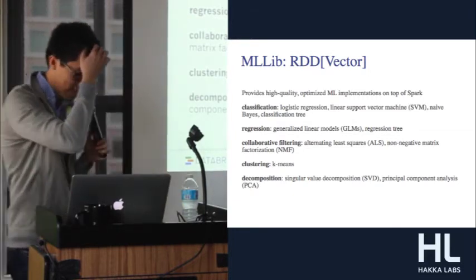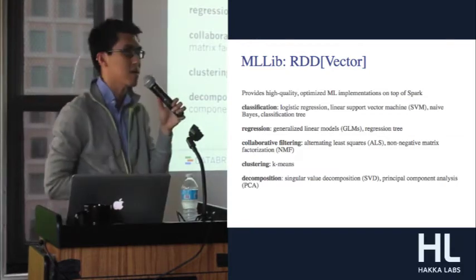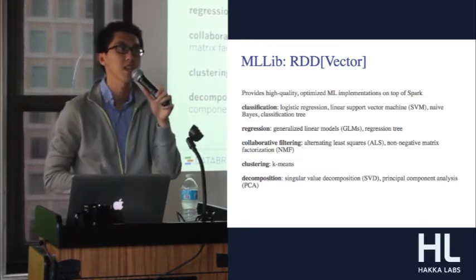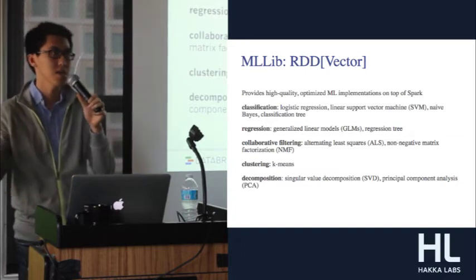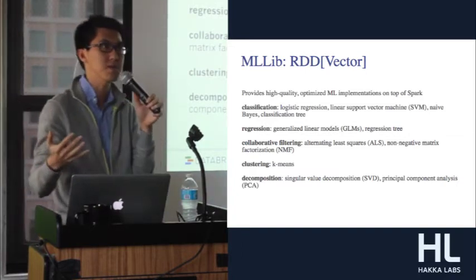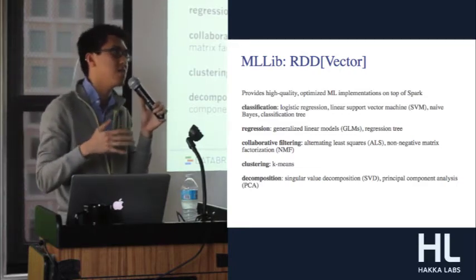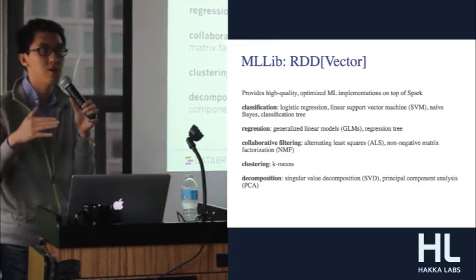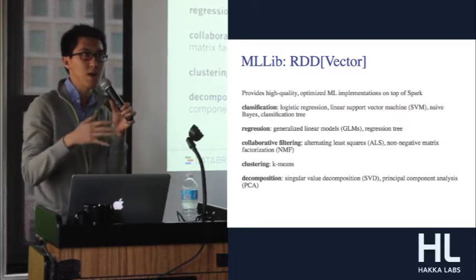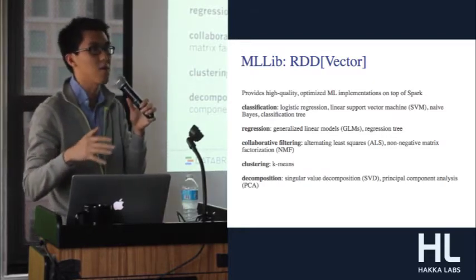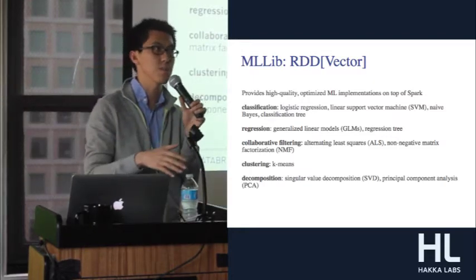The idea of MLlib on top of Spark, as the name indicates, is a machine learning library on top of Spark. Essentially, it's just an RDD of vectors or matrices along with implementations of algorithms. We have a lot of people implementing very high-quality distributed algorithms on top of Spark and putting them into MLlib.